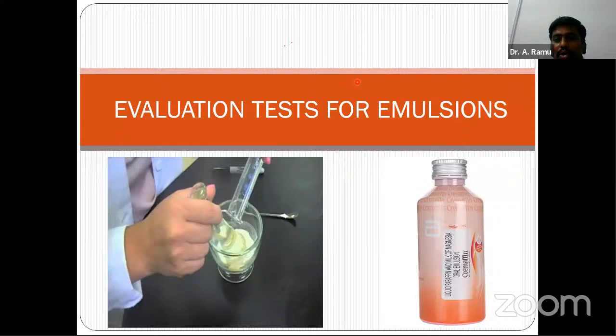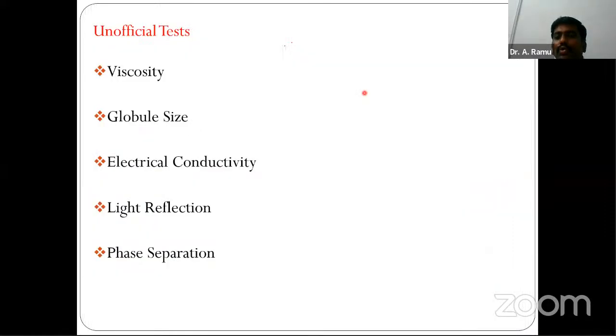For the emulsion also, after the formulation is over, we have to perform quality control or evaluation tests in order to confirm the quality of the prepared emulsions.